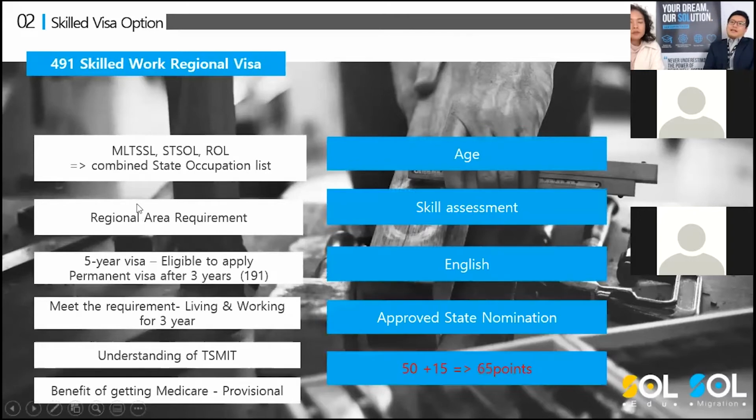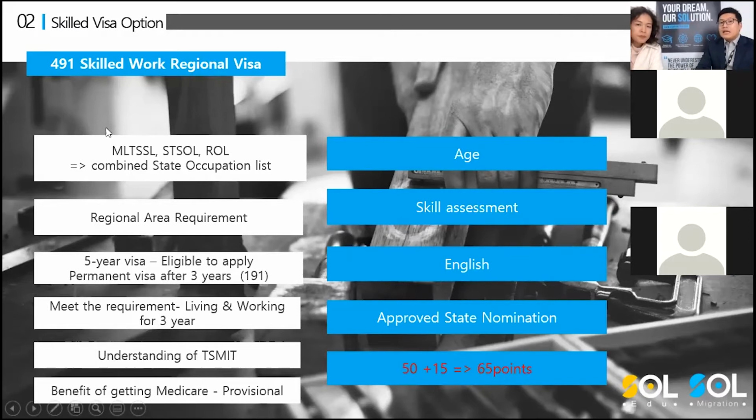The 491 visa is my favorite visa, and you must target this visa option. Again, immigration has its own trends for each visa. As far as I know and believe, currently the Department of Home Affairs allocates more priority and more visa quota to regional related visas. The 189 and 190 are not regional related visas, but the 491 is a skilled work regional visa.